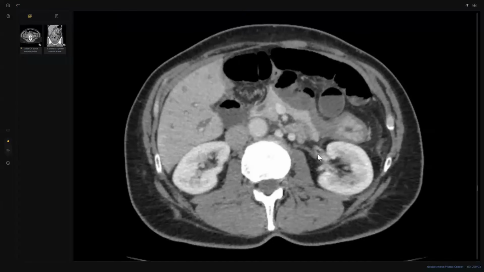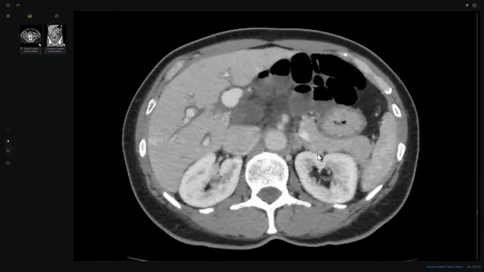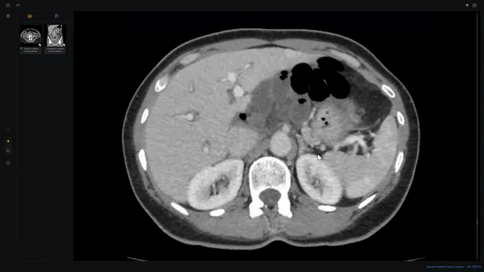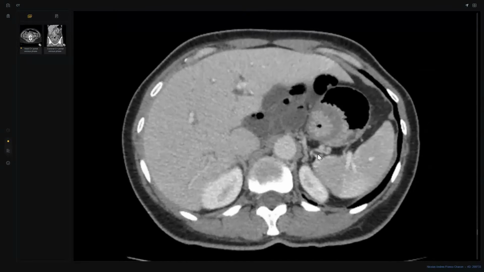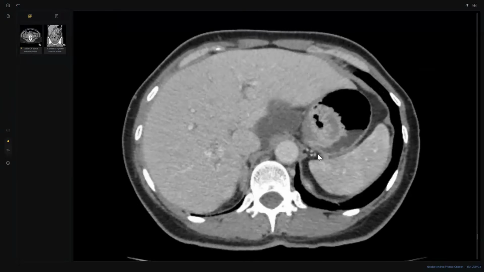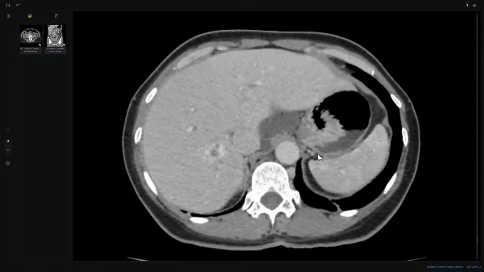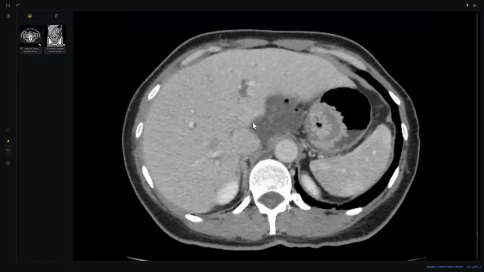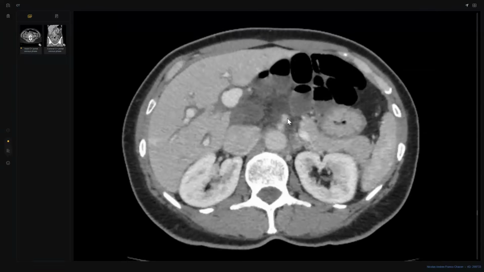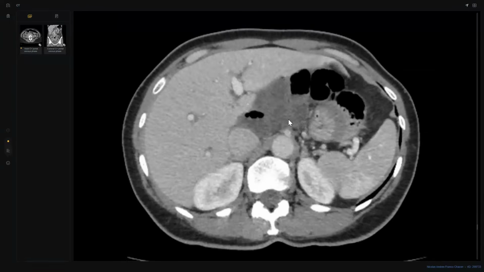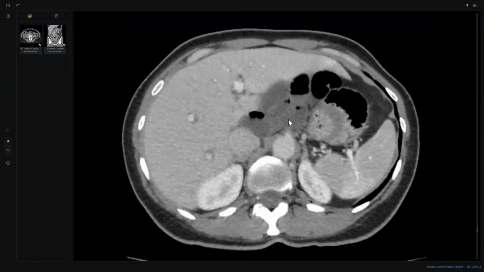I can appreciate that there are some dilated bowel loops at this area. I think they are communicating with the bowel.